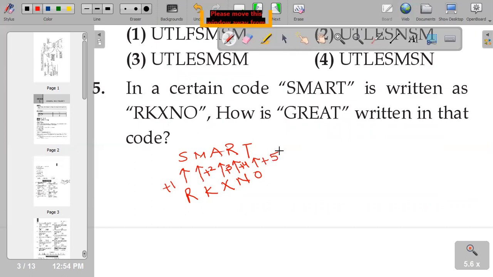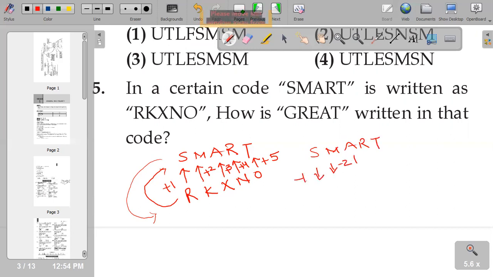If you are good at addition, then come from backward to forward. If you are good at subtraction, then go from forward to backward. Up to you. If we go from forward to backward, we will have to subtract 1, 2. This was the thinking, how you will think.